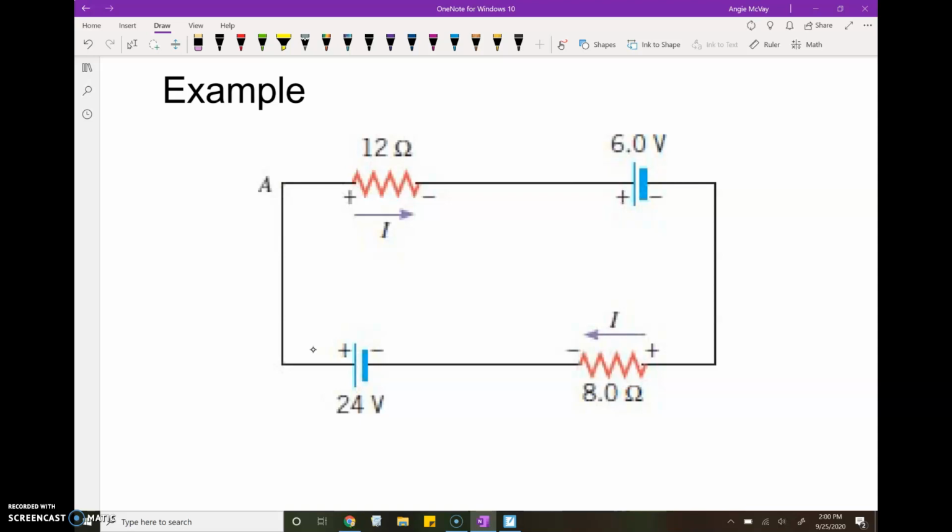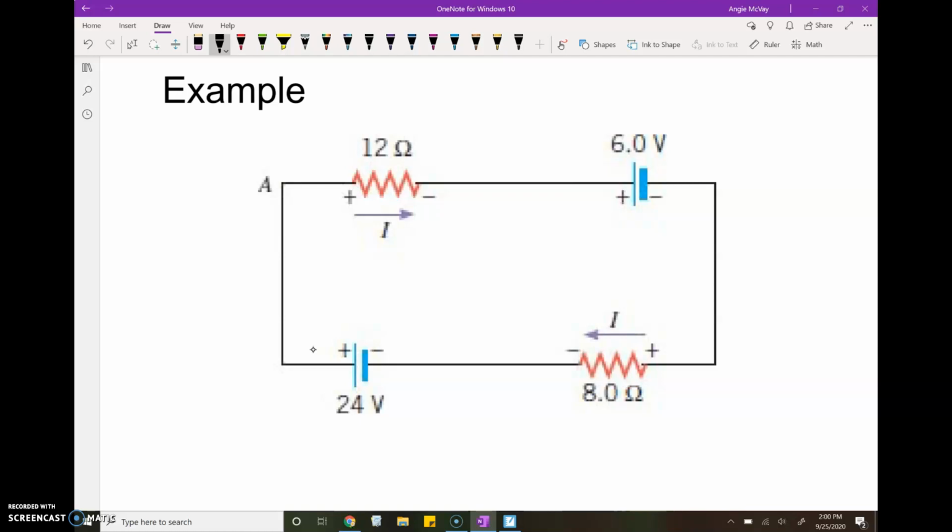When using Kirchhoff's rules, it's important to label corners where there are junctions or where there are corners to describe what loop you're going to go around.